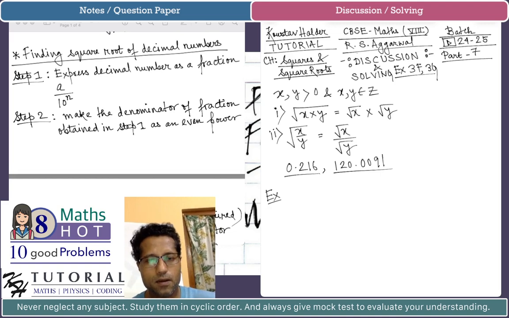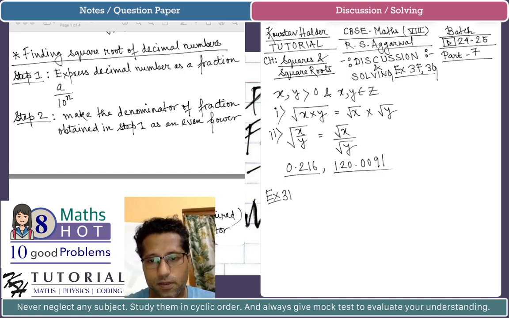My way will allow you to find the square root by finding the square root of a natural number and then dividing by powers of 10. So let's solve exercise 3F.